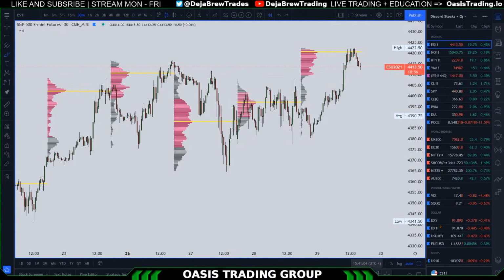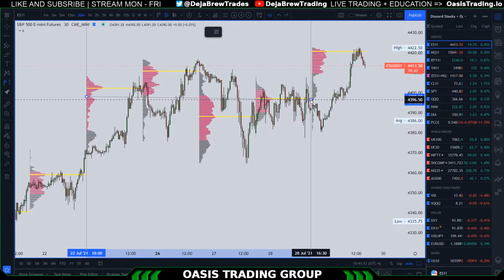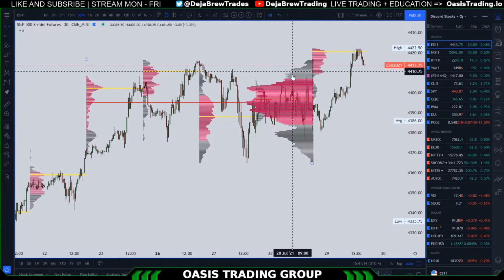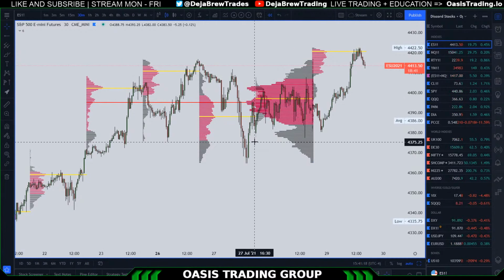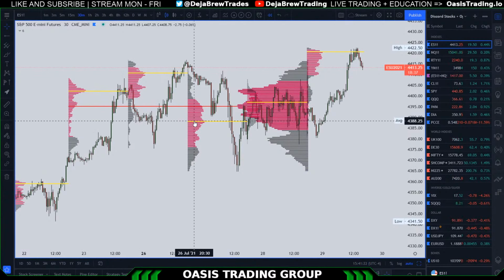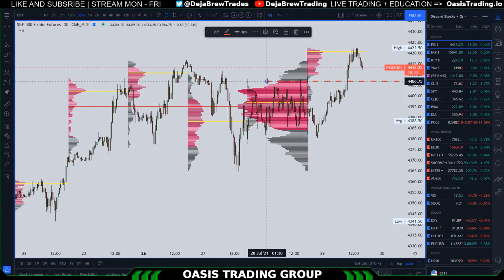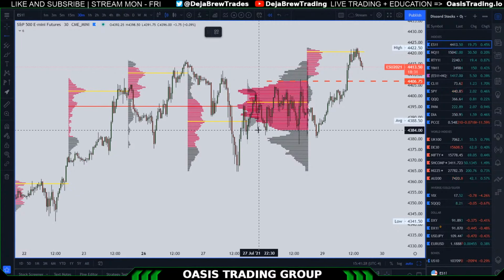What you can do is grab your fixed range tool on TradingView, and we can make this all one profile. So let's grab these 4 days. And that gives us that profile of that entire range. So instead of grabbing all the important levels of each day, you could combine them and grab the important levels of the entire range.